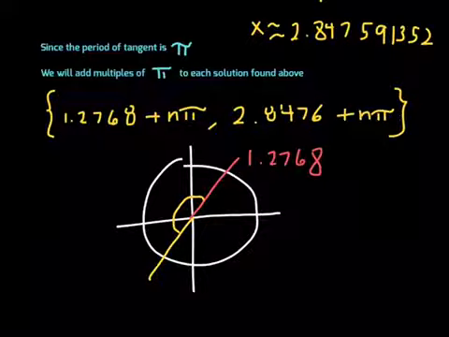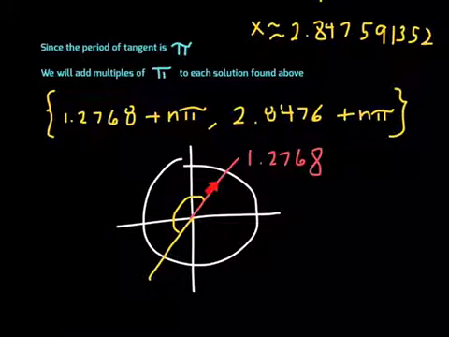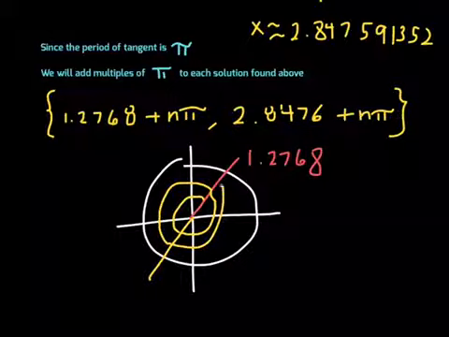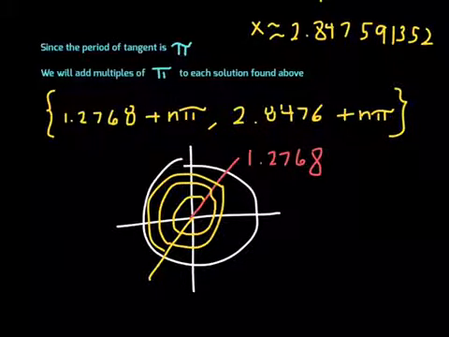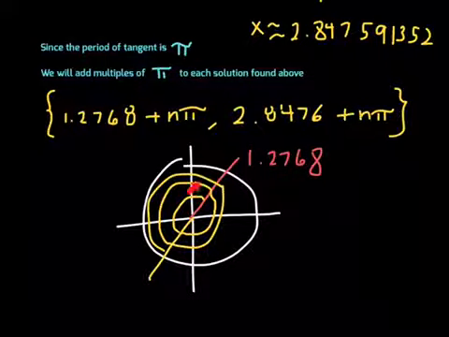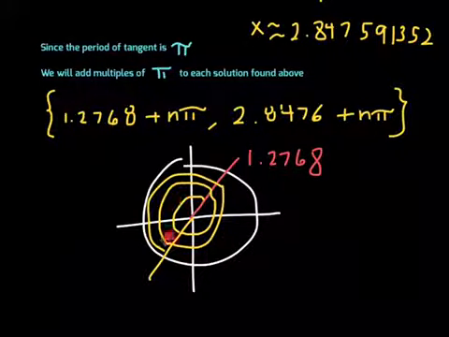Remember, tangent is positive in quadrants 1 and 3. So when we add pi, I'm here in quadrant 3. When I add pi again, I get a coterminal angle with 1.2768. Add pi again, add pi again, add pi again. So when I keep adding pi to 1.2768, I'm getting all of the solutions that are pi multiples away from that, okay?